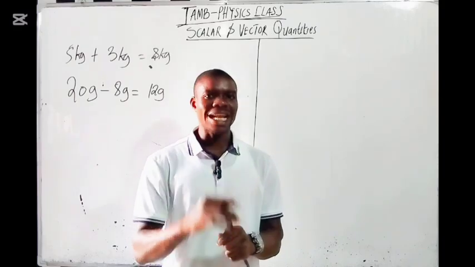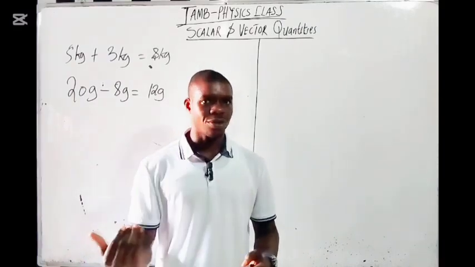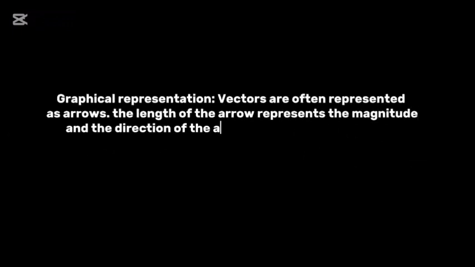Now let's look at the key characteristics of vector quantity. Number 1, magnitude and direction. Vectors are described by numbers, units, and direction. Number 2, graphical representation. Vectors are often represented as arrows. The length of the arrow represents the magnitude and the direction of the arrow represents the direction.